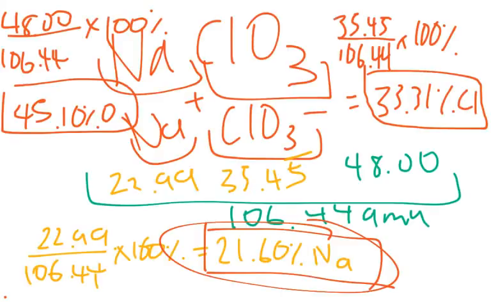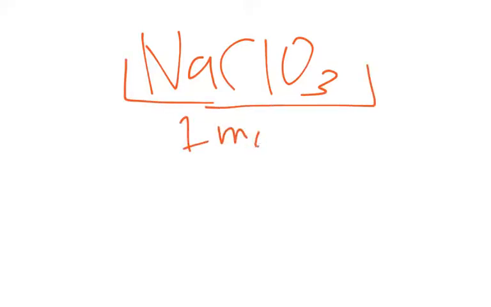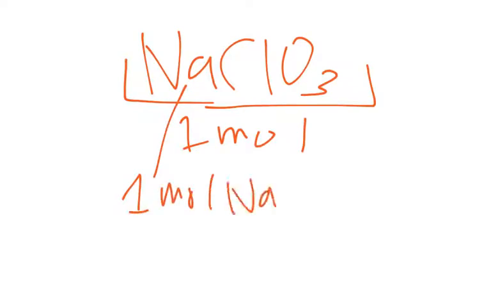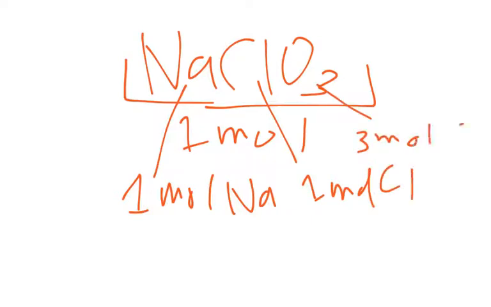So the math would all be the same, but it would look slightly different in terms of the units. So if I wanted to calculate the mass composition of sodium chlorate and use molar mass, well, we know that 1 mole of sodium chlorate contains 1 mole of sodium, 1 mole of chlorine, and 3 moles of oxygen.